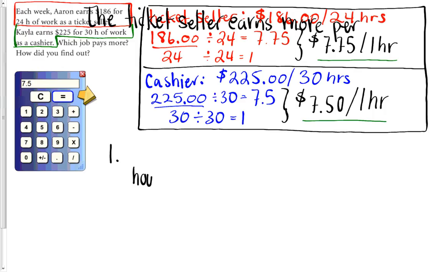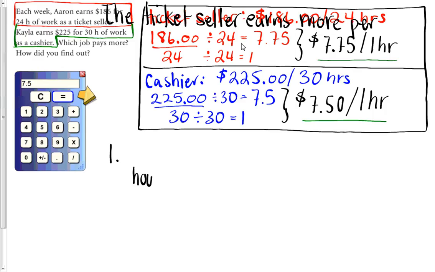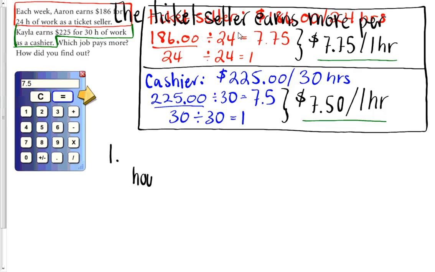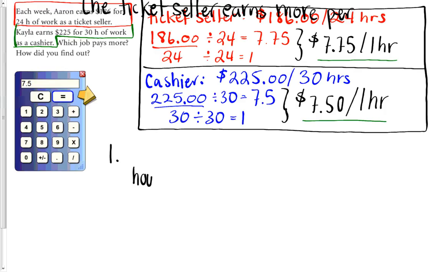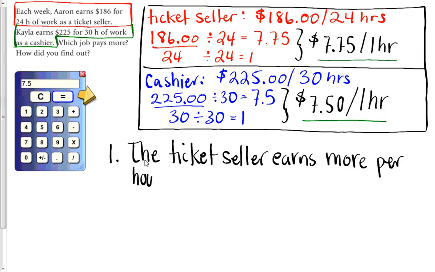So the ticket seller earns more per hour than does. Okay, I'm going to find a way to make this still work. Maybe I won't. All right, let's see if that does it. The ticket seller earns more per hour than the cashier. Gremlins in the machine.